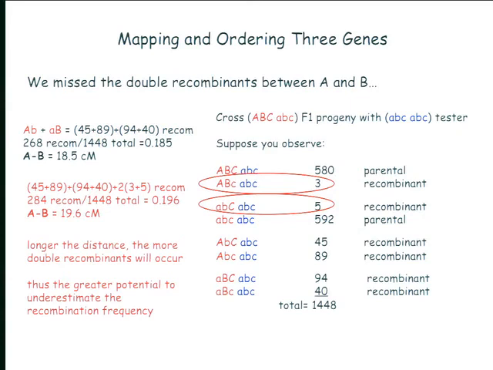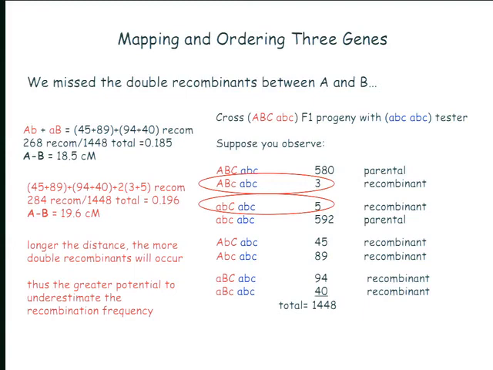So let me just draw that. A, C, B. So here's the chromosome where you have big A. It's crossed over here to little c, and then crossed over here again to big B. So this is one recombination event.